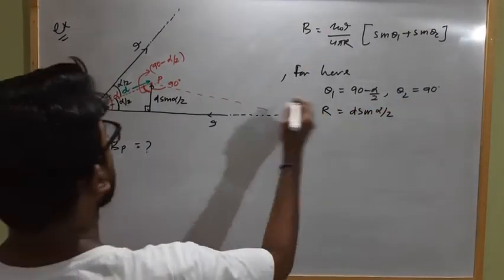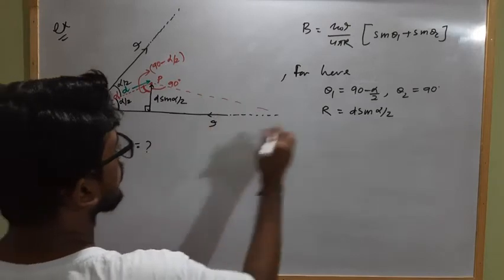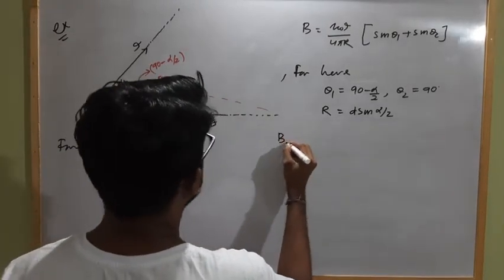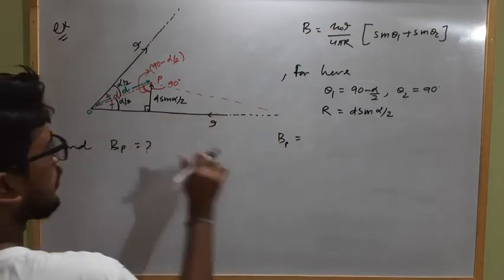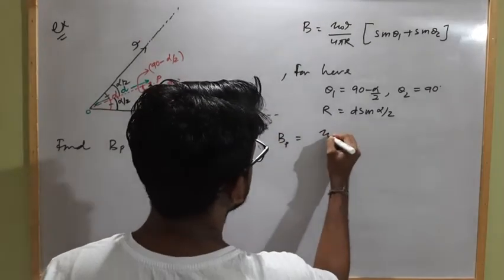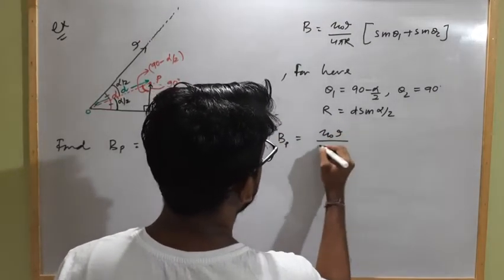Clear? So I is given as the current flowing through it. So the B at P will be how much? Due to this segment only, mu naught I by 4 pi.